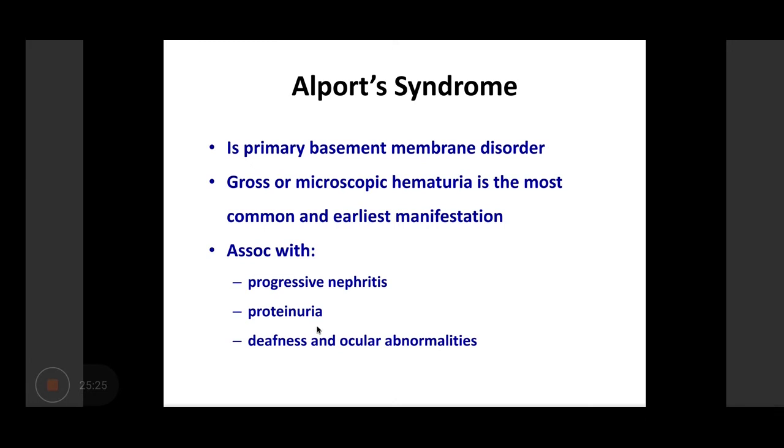Eventually, they go on to develop chronic kidney disease. There is some degree of subnephrotic range proteinuria. In addition to that, these patients have associated deafness as well as ocular abnormalities. So when the patient presents with hematuria in association with deafness and ocular abnormalities, you must do the kidney biopsy for electron microscopy to check for the presence of Alport.